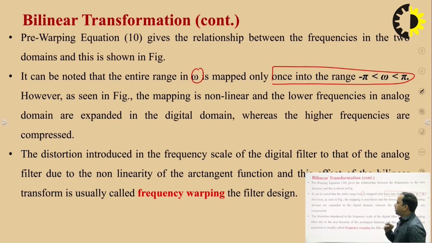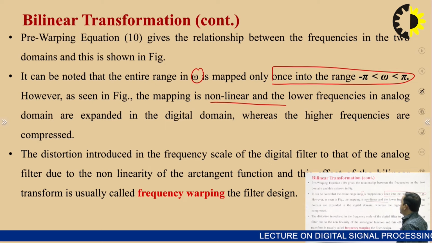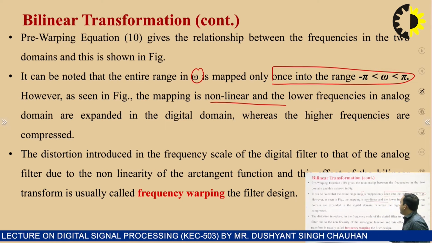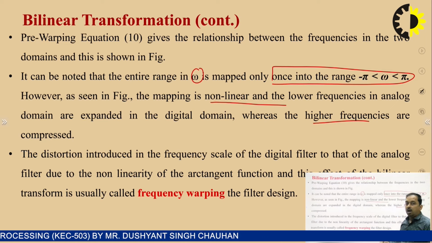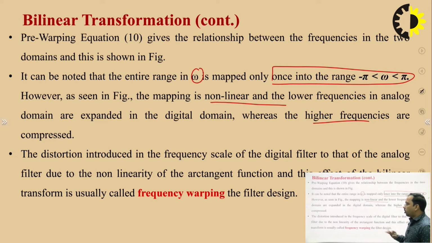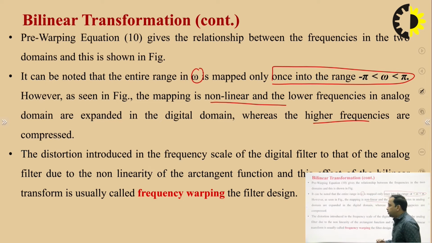However, it can be seen from the past figure that the mapping is non-linear because of the tan inverse function. The lower frequencies in the analog domain are expanded in the digital domain, whereas the higher frequency ranges are compressed. This distortion is introduced in the frequency scale of the digital filter relative to the analog filter due to the non-linearity of the tan inverse function.